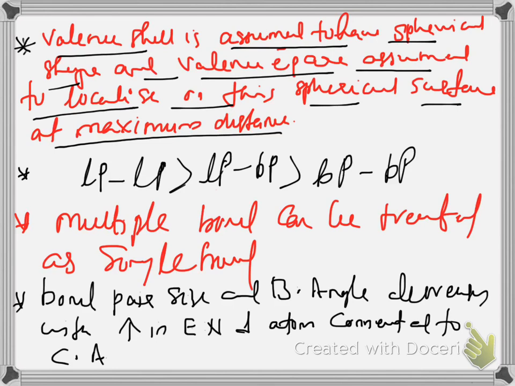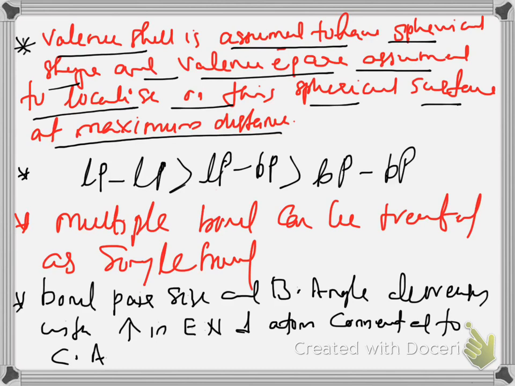Since electron pairs can repel each other, there is a question: which pairs repel more? We have two kinds of pairs. Electron pairs which do not participate in bonding are localized on a particular atom, under the influence of a single nucleus, while electron pairs participating in bonding are tightly held together by two atoms or two nuclei.